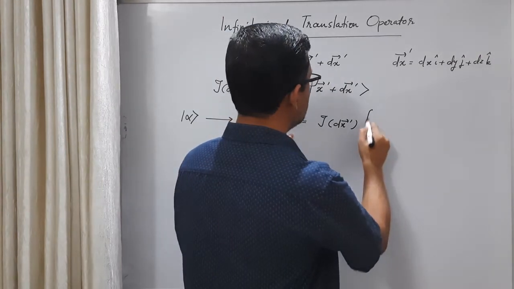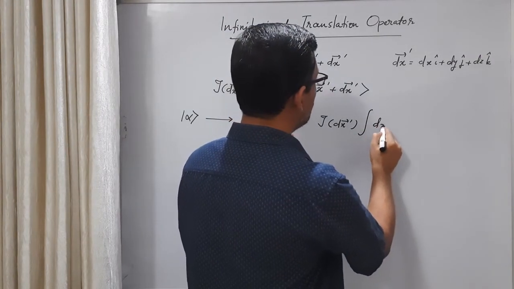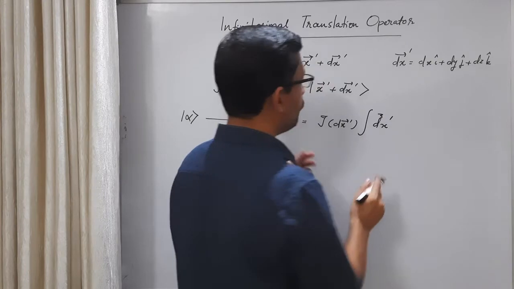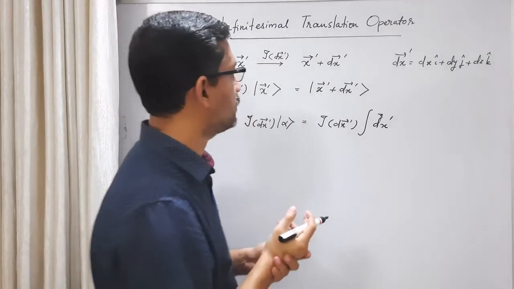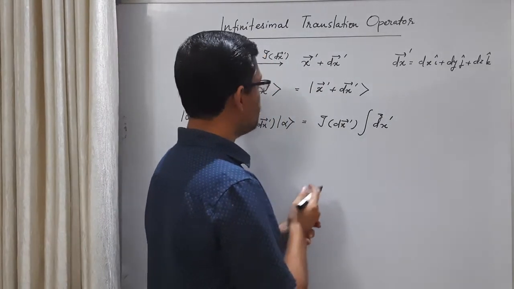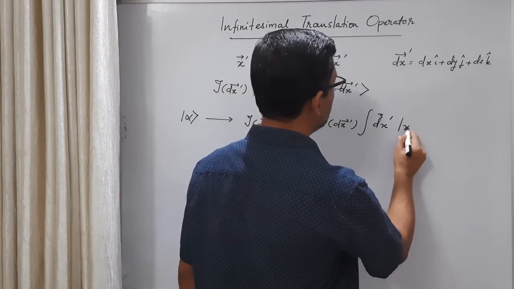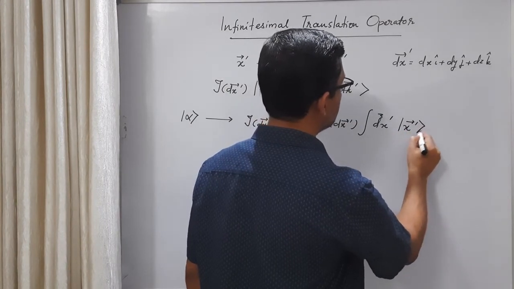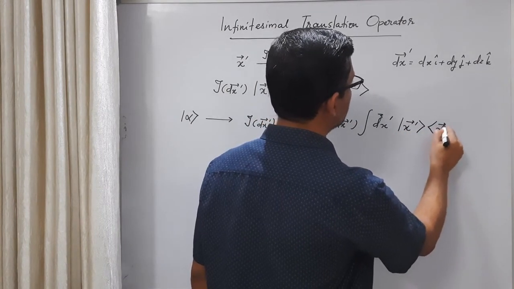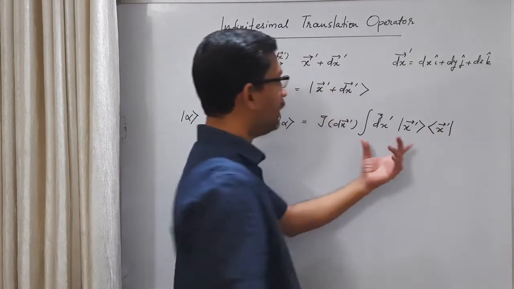So this operator I dx prime is here. Let us expand this ket alpha in terms of position eigenkets. So this is integral d cube x prime. Remember we are in three-dimensional physical space. So what is the completeness condition here? Integral d cube x prime, ket x prime, bra x prime, is identity.